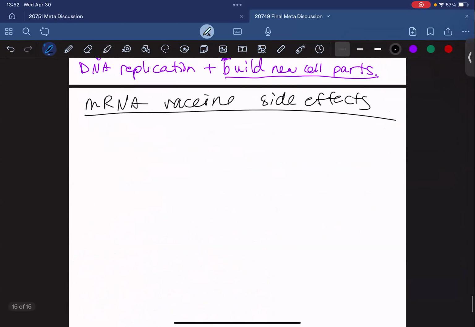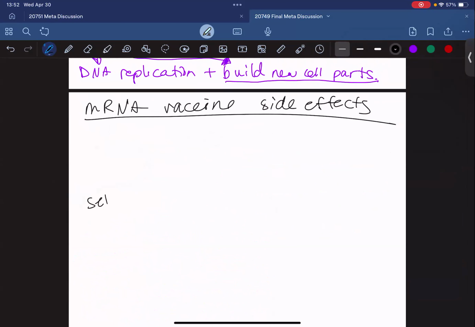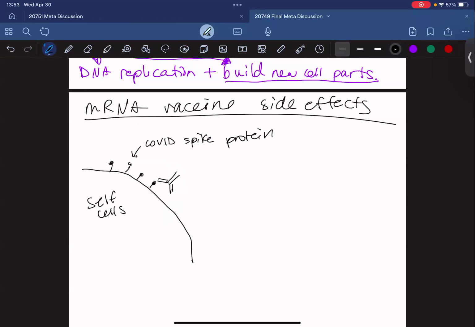Okay, so here's some stuff that we can think through. What you're going to have are cells that are basically studding themselves with COVID spike protein. The immune response is going to be able to react to that by making those antibodies that we're eliciting. That's the whole point, to create the memory for that.